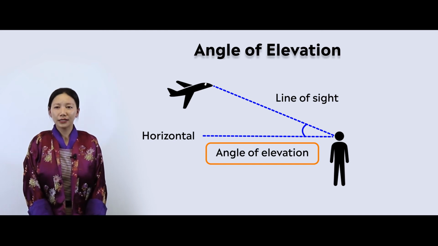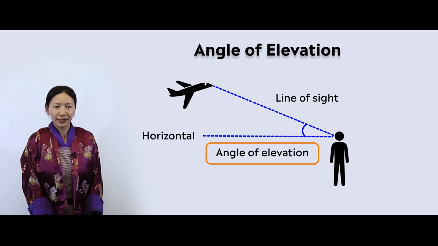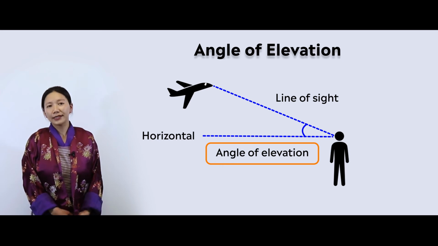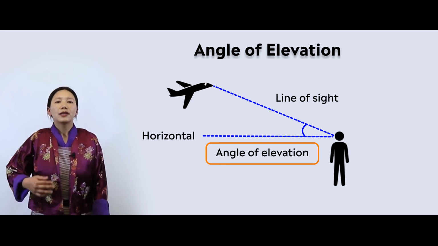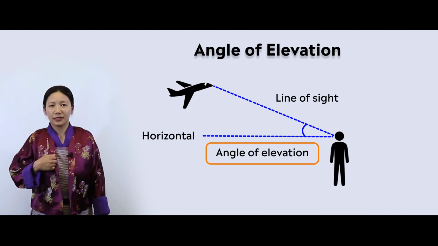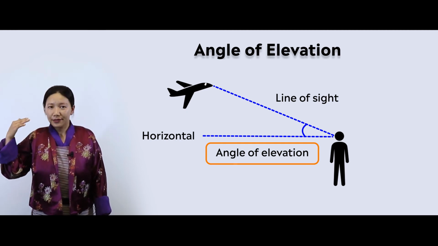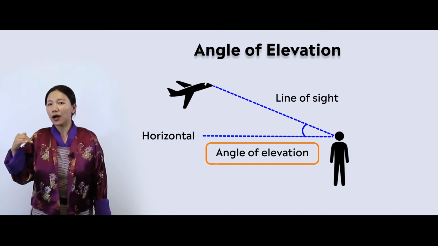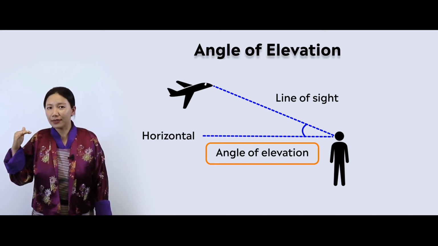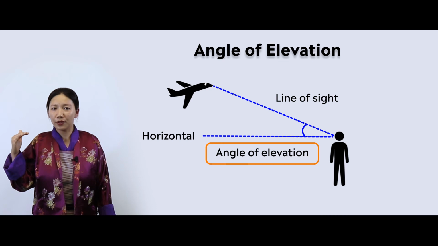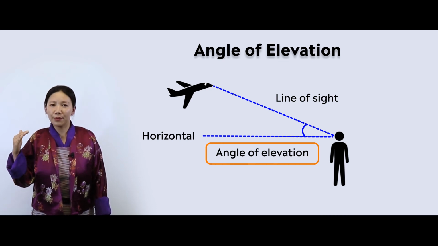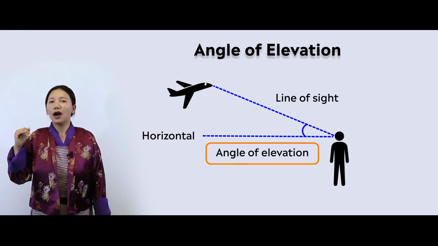In other words, angle of elevation is related to whenever we look at an object which is located higher than us. So to look at an object which is located higher than us, we have to look up. So that is when the angle of elevation is formed. That's another way to remember: elevate means to look up.